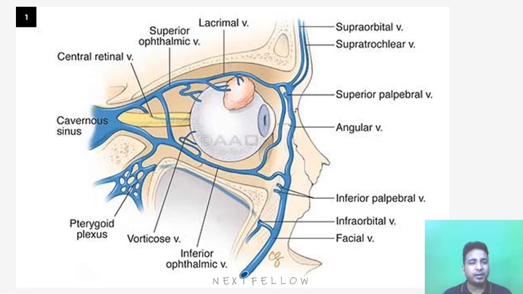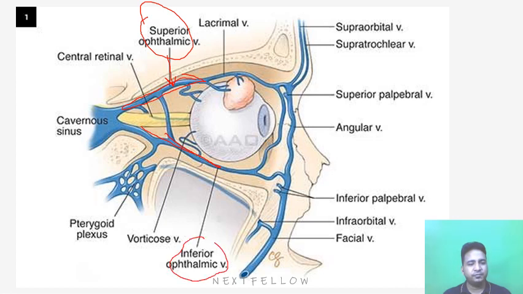So look at this diagram. Firstly, this is my superior ophthalmic vein, marked by this arrow. This main bluish structure is the superior ophthalmic vein, and then lies the inferior ophthalmic vein.